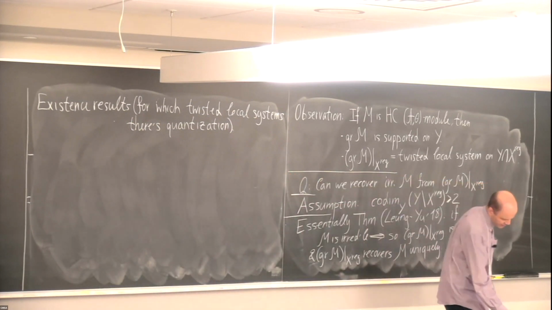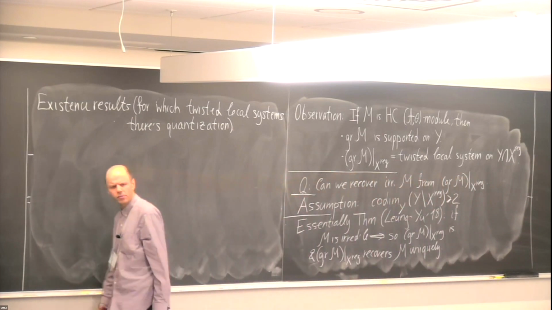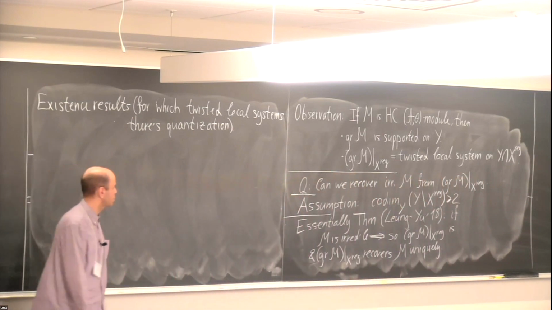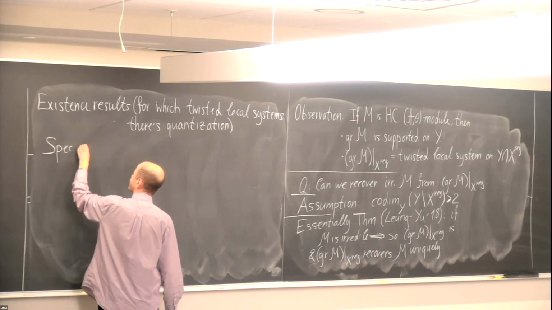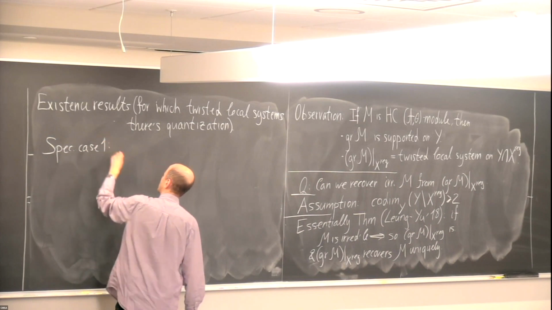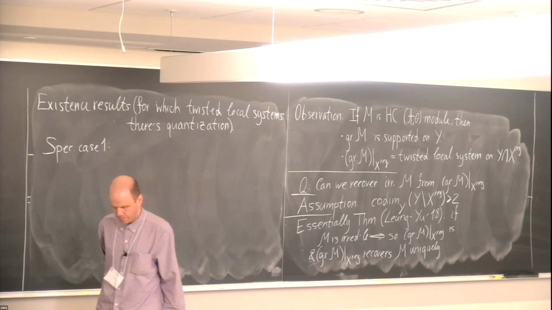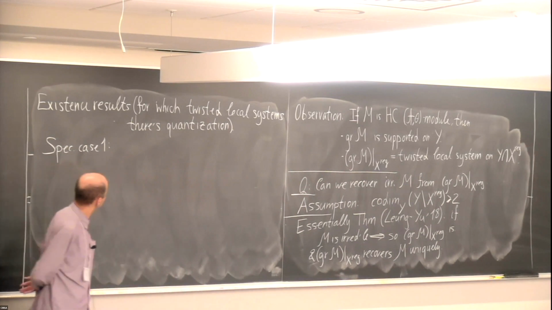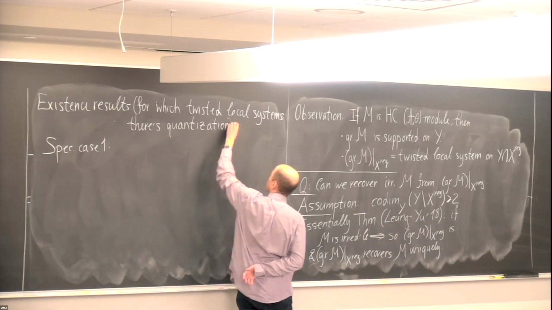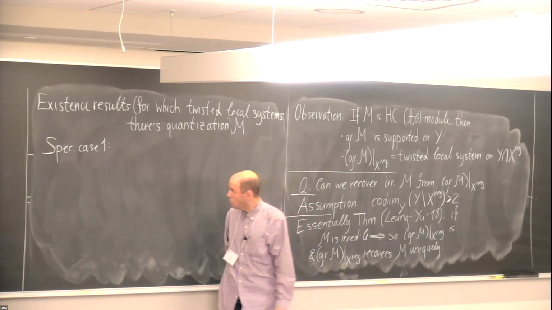So here, the story is much less complete, but there are answers in at least two important special cases. So special case one is this. So here you mean like when you can find a corresponding module? Yeah, there is a quantization M with this condition. Got it.